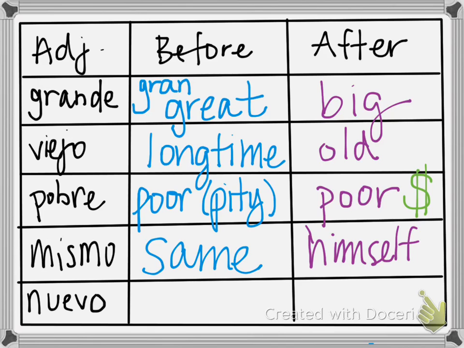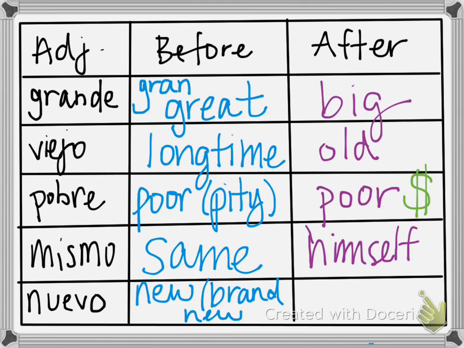Okay, and then we have nuevo. Nuevo means new. However, if you use it before an adjective, it means that it is brand new, like you just got it, okay? Brand new. So like it's brand new to you.